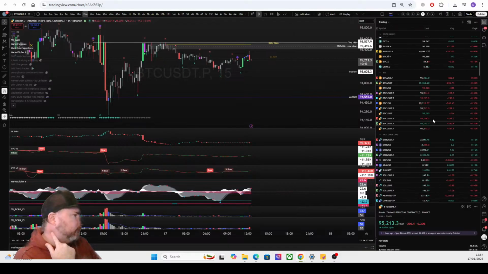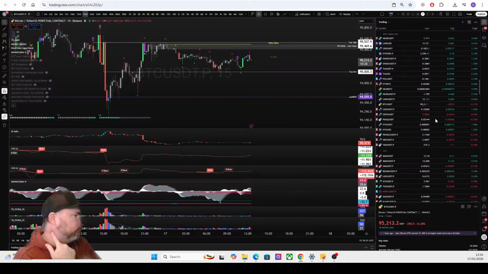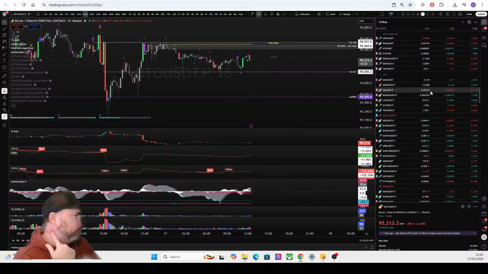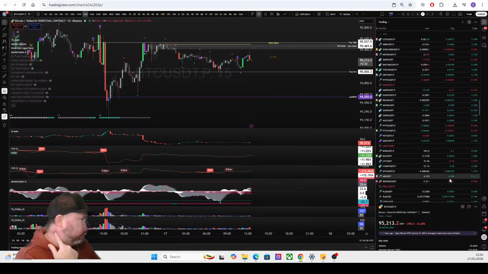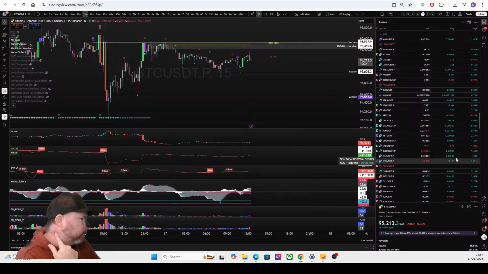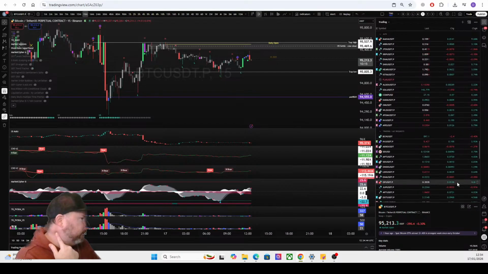Let me scroll through my alts and see if anything is moving. Beam is moving, the ones that have had big moves. Nothing drastic. Decentraland, bloody hell.